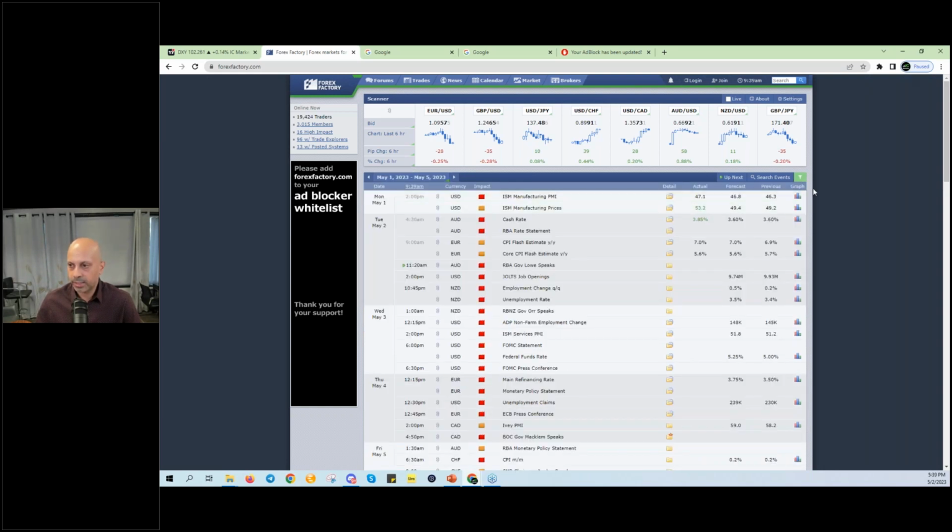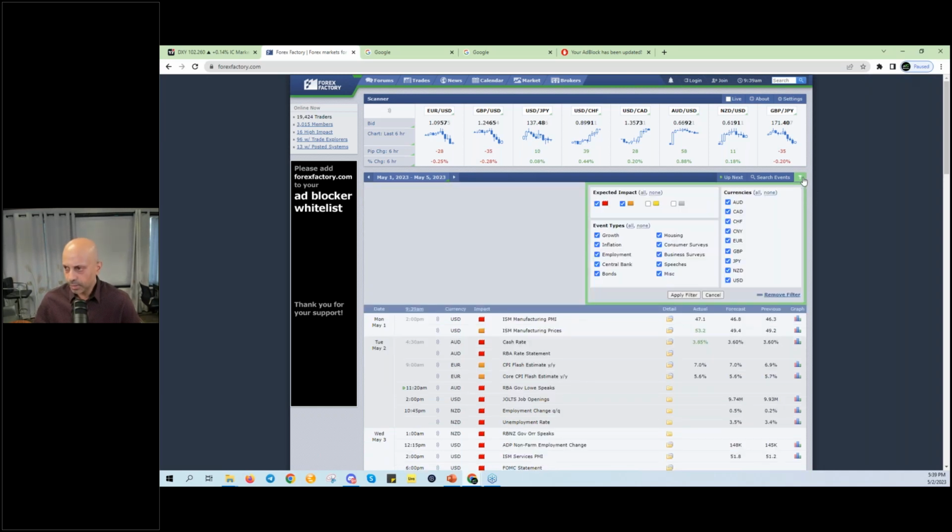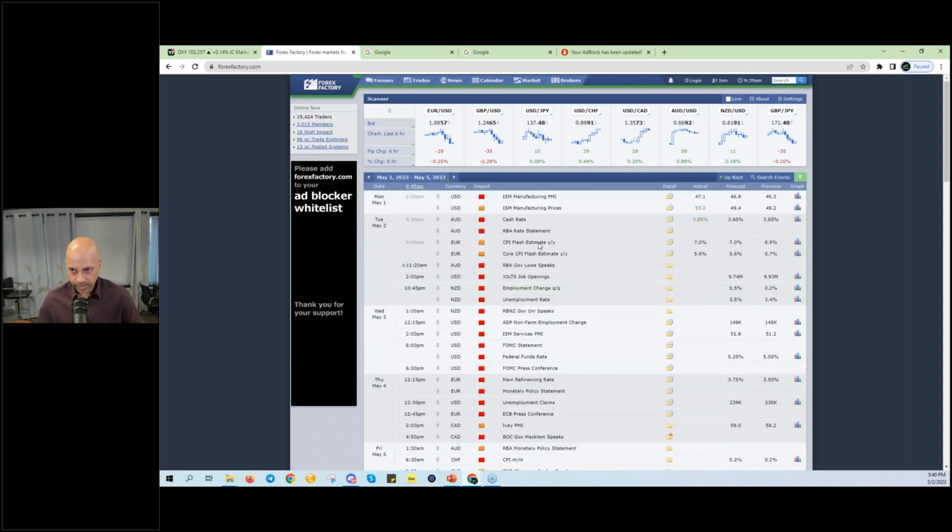You can filter the data events by clicking on the filter icon. Generally I tick all the currencies and event types, and for expected impact, I choose the two highest impact levels. Then I apply the filter, and you will see all the key data events for this week.